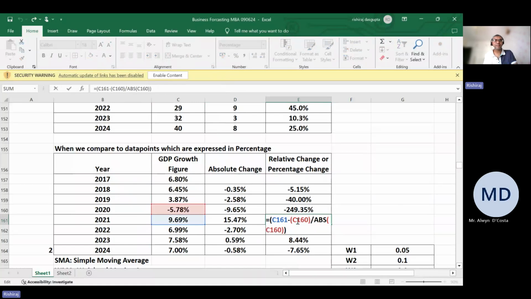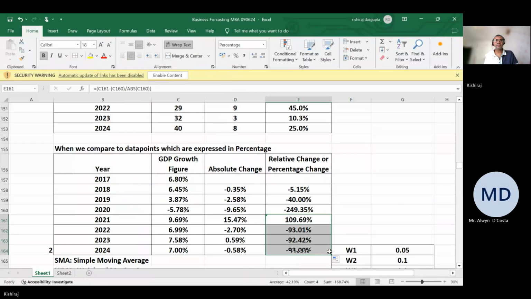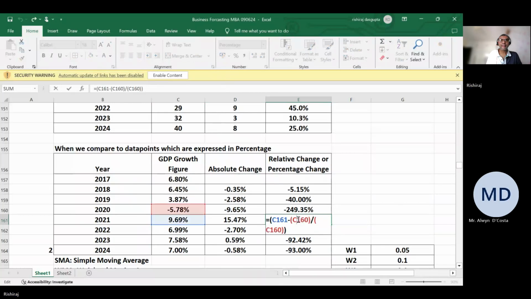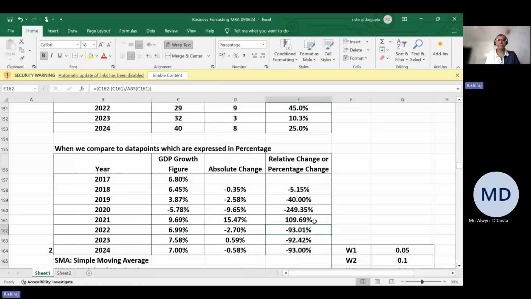Going from minus 5.78% to 9.69%, the absolute value should be used here. 109% change. This is a minus. This is plus.